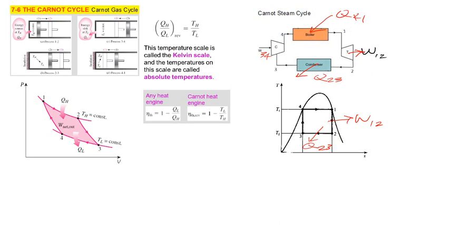For the compressor, this is our W34, and lastly is the heat input to the boiler, to the water, which is represented by Q41. So this is how we sketch the processes of the Carnot cycle based on steam as our working fluid. And from the expansion process 1 to 2, we can find that S1 is equal to S2, and this is equivalent to the value of Sg at T1.